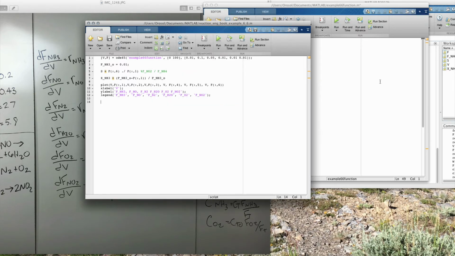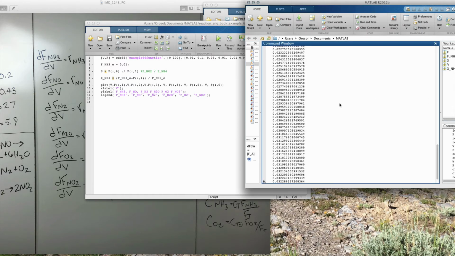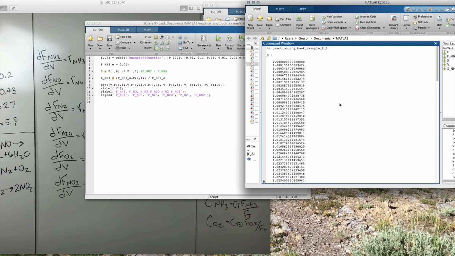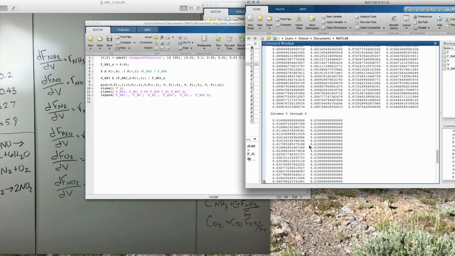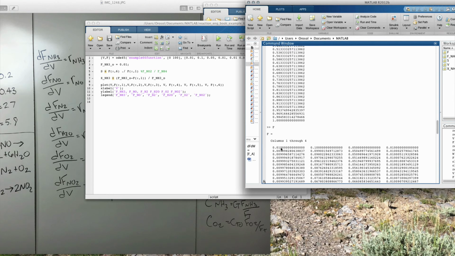I'm going to run it again and look at the plot closer, but I just want to show you this. So I'm getting back V, which I put in 0 to 100, so this is 0 to 100. If I just look at F, you'll see that I have 6 columns, and it's because I'm solving 6 equations.